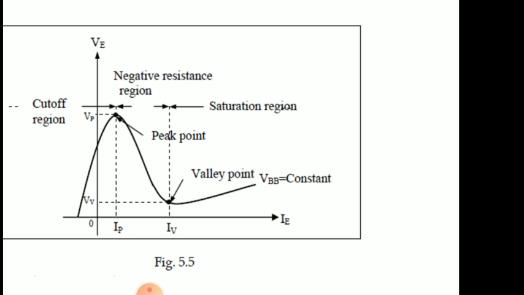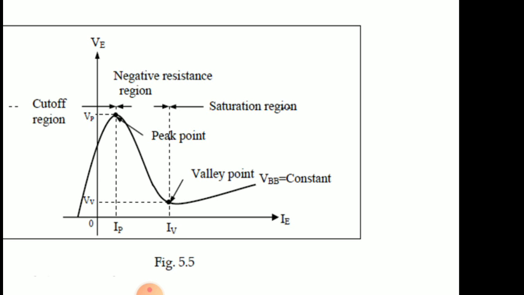From the first portion of this curve, we can see VP increases by increasing the current IP. That means VE increased because of the increase in the current IE, or vice versa, and both reach the maximum value, the peak value. V peak is achieved at I peak.